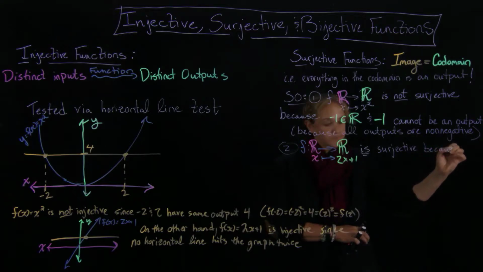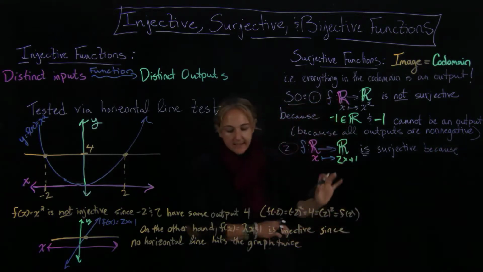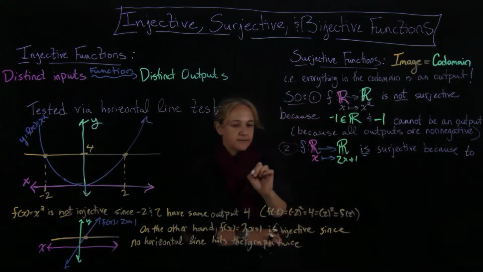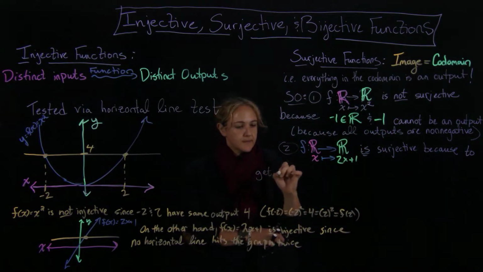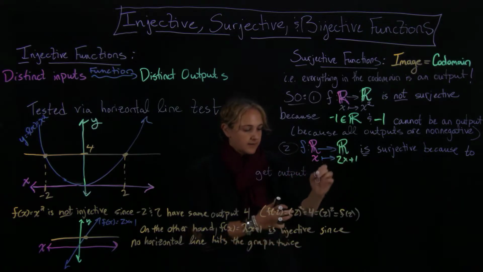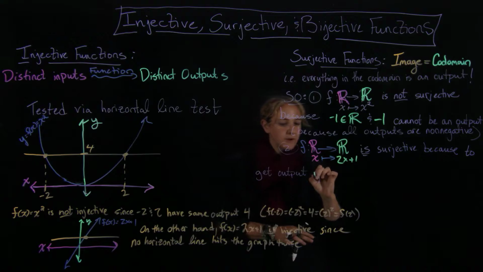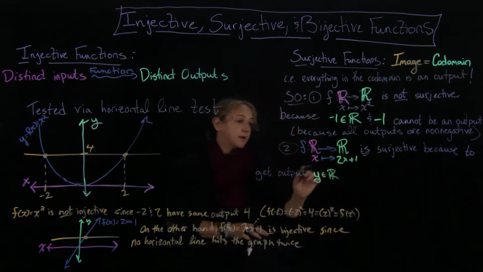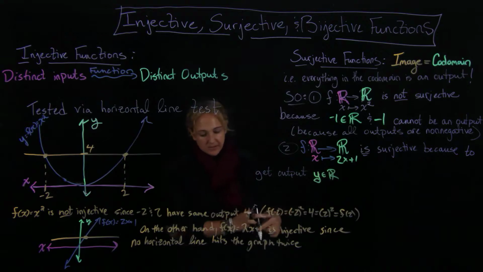To get whichever output y in R I want, how would I get the input that gives me that output? Well, I can just work backwards.